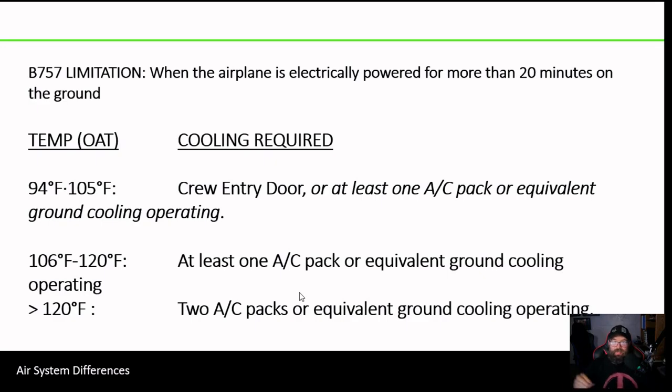Not just if you're landing somewhere, dropping something off and then taking off again. I'm trying to think of when that would occur. Like 99% of the time, you're probably going to be on the ground, electrically powered more than 20 minutes, unless you're one of these crazy regionals that have like 22-minute turn times, which is nuts to me.